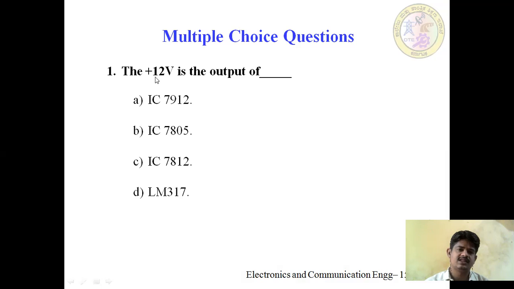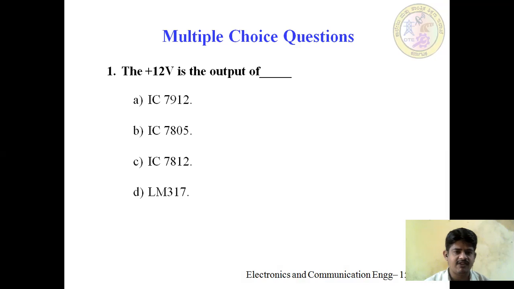First you have to think that here it is given as a fixed voltage. They have not given any range of voltages for the output. So it is a fixed voltage regulator. That means it can only be one of these three. LM317 is not a correct answer because it is adjustable. Now it is a plus, so plus means which IC will we be using, 78 series or 79 series?